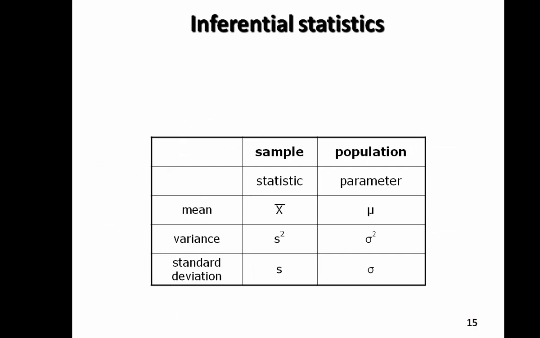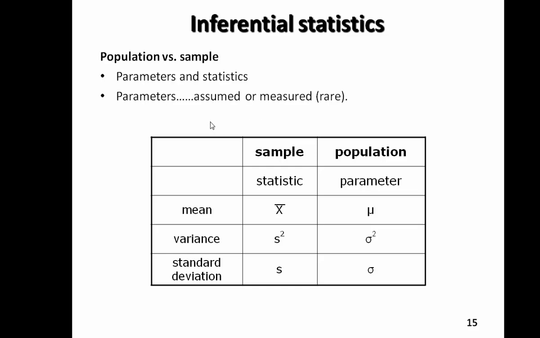Once the measurement scale has been developed, then depending upon the research question and the approach, we would rely on what's called inferential statistics. And to understand inferential statistics, we have to go back to the difference between a population and a sample. Recall that when we talk about quantification, a population will have parameters, a sample will have statistics.